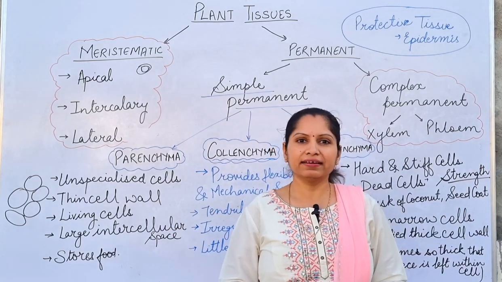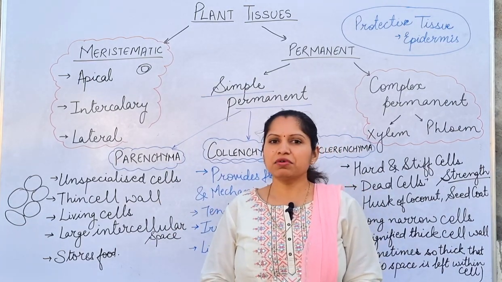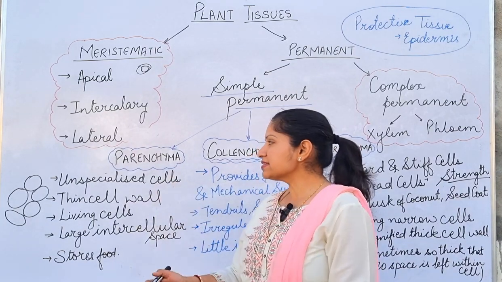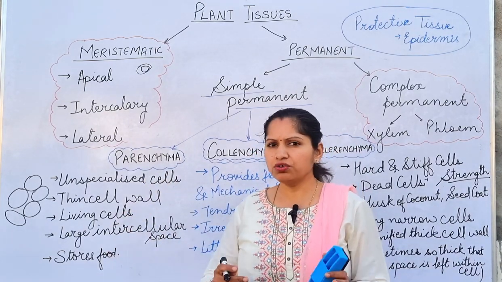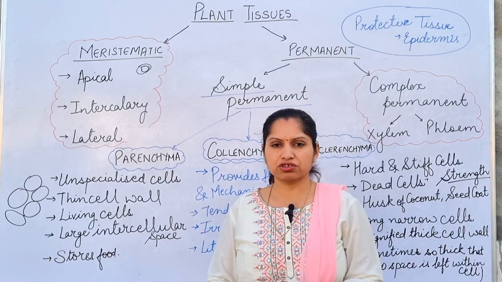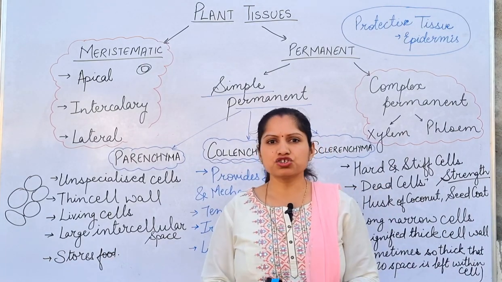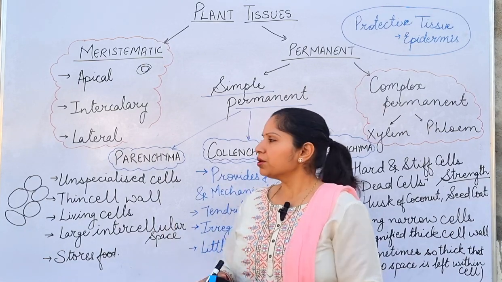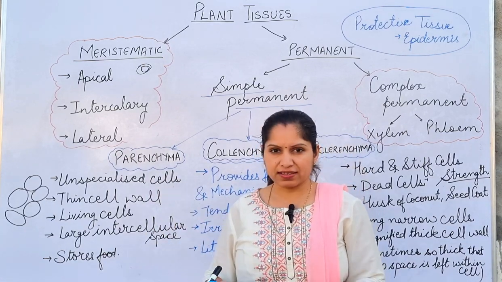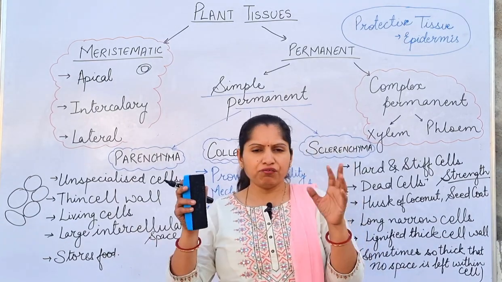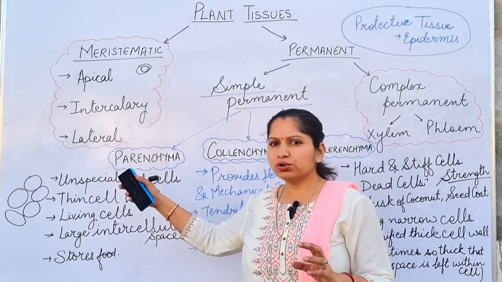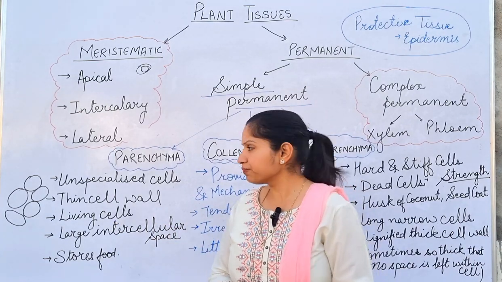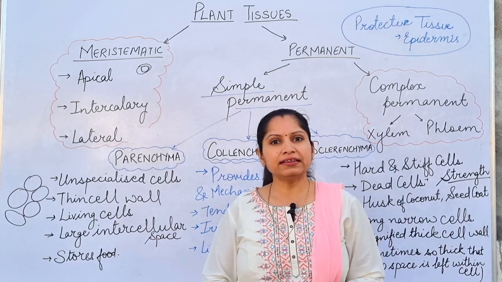First, the parenchyma. Parenchyma are living cells, and these cells are unspecialized, not very much differentiated from each other. They have been formed from the meristematic tissues into parenchyma tissues, but they are not very well specialized, and they are not very different from each other. They look alike. All the parenchymatous tissue will look approximately the same, and they usually have a thin cell wall.